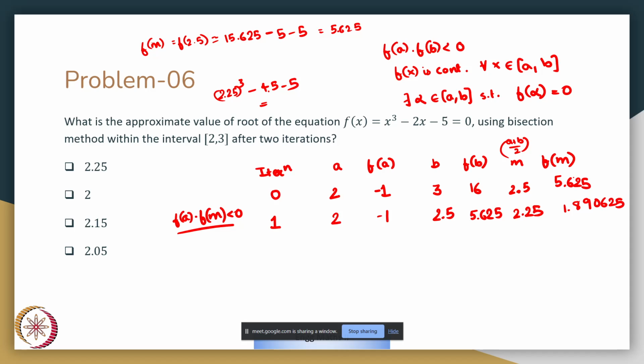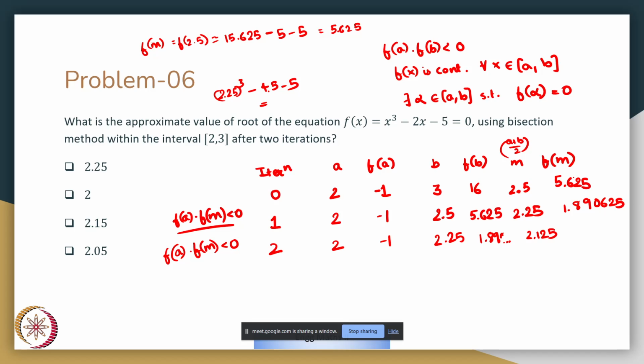So f of a and m become our new bounds. For the second iteration, our bounds are 2 and 2.25, with function values minus 1 and 1.89, and so on. And my midpoint will be 2.125.